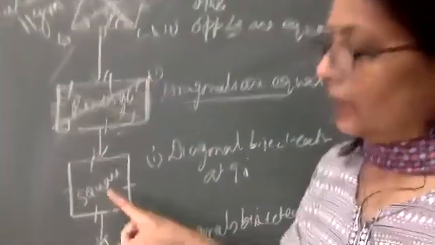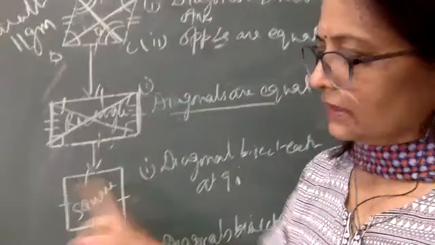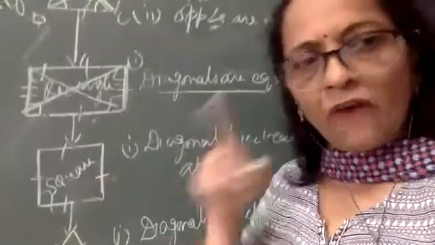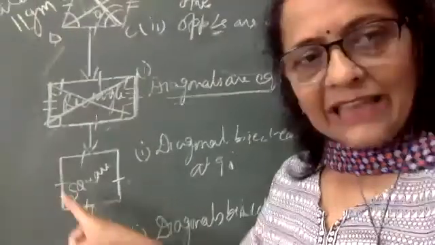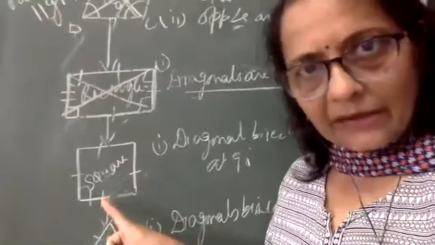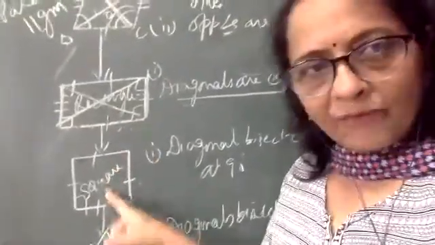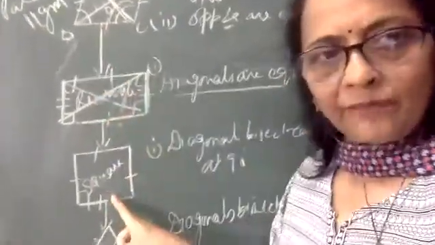Now check out here. A square has its opposite sides equal, this and this and this and this, right? And one angle is also 90 degrees. If I ask you the modified definition of a square: a square is a rectangle with adjacent sides equal. So every square is a rectangle, and every square is a parallelogram, right?